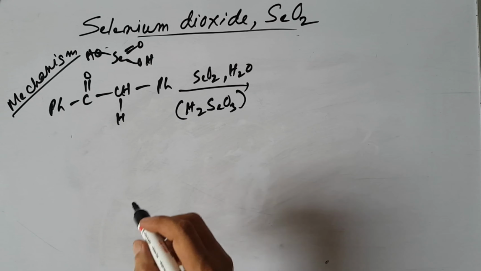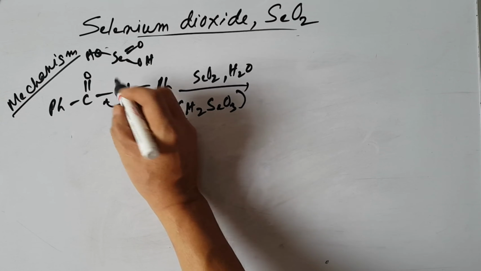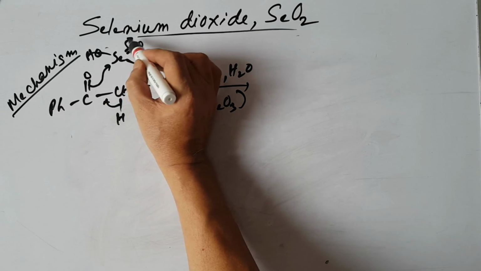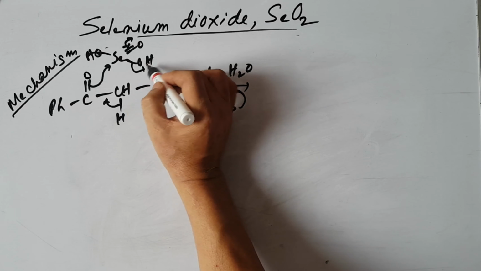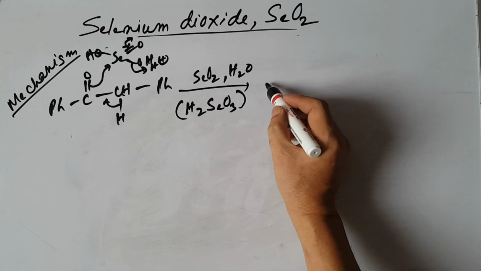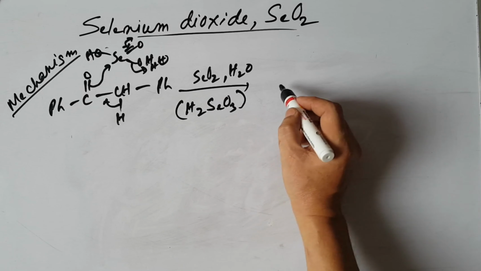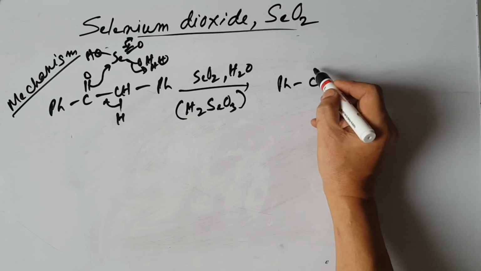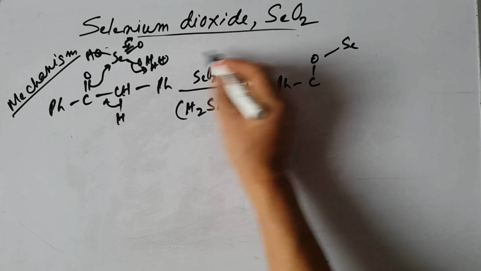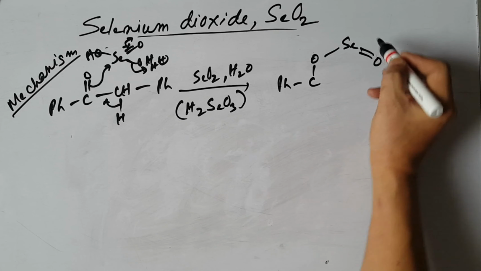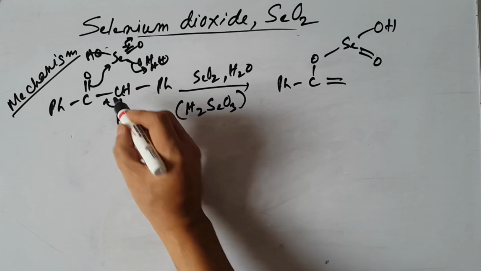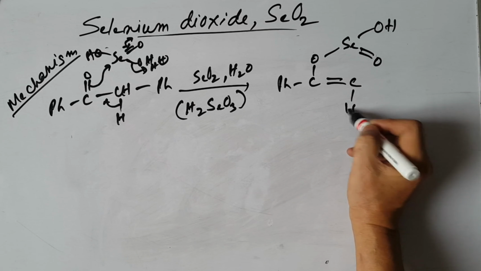So first I converted this one, and then I take here. So then coming back, the OH is lost as water. Okay, so OH is lost as water. So you get this intermediate, C=O with Se, then this double bond, O coming back, and then this OH there. Okay, so this double bond here and CH and phenyl here.